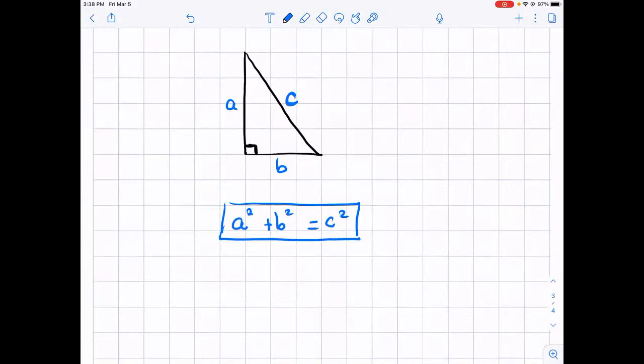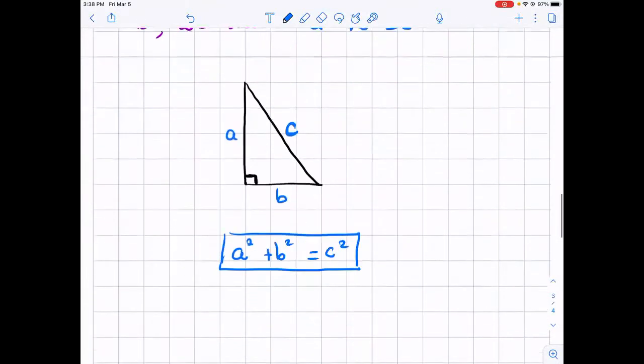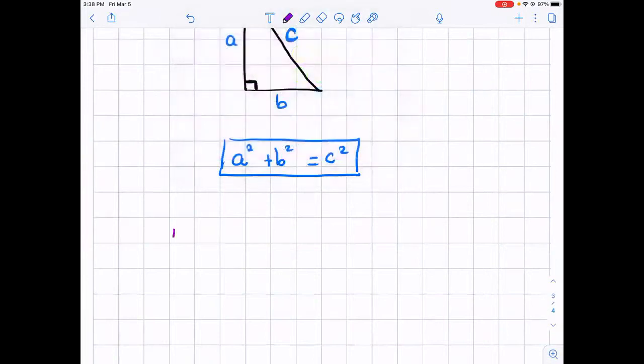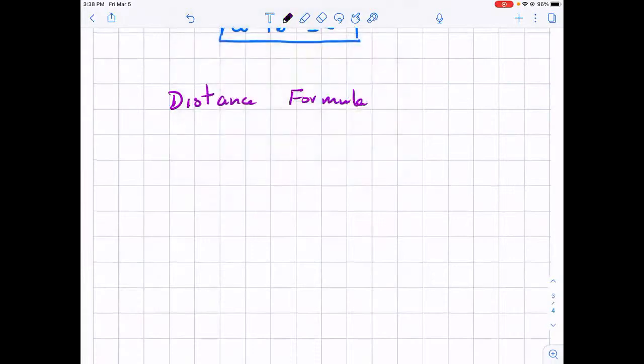We also have the distance formula. And we can use point xy on the Cartesian plane. So as you can imagine, the distance formula is used to find the distance between 2 points.